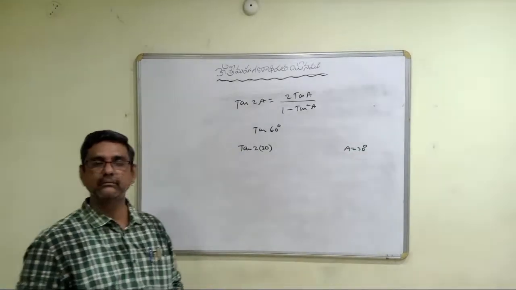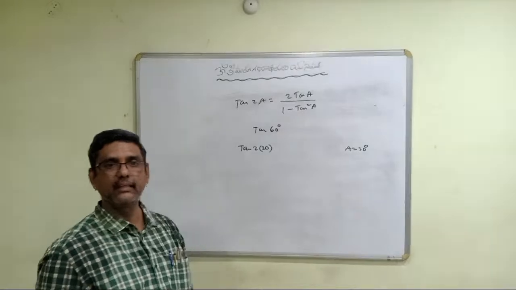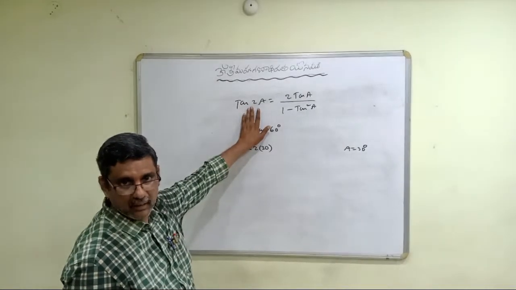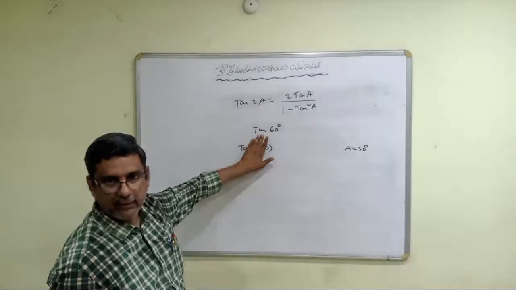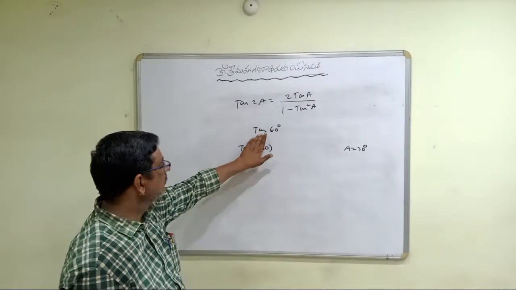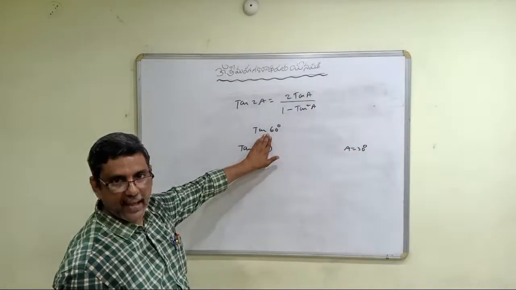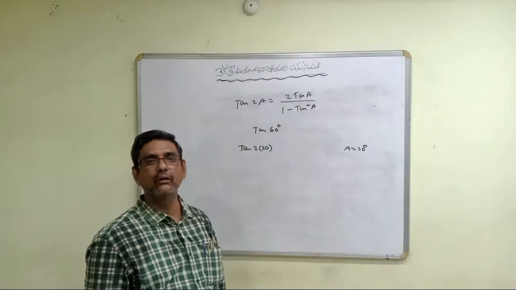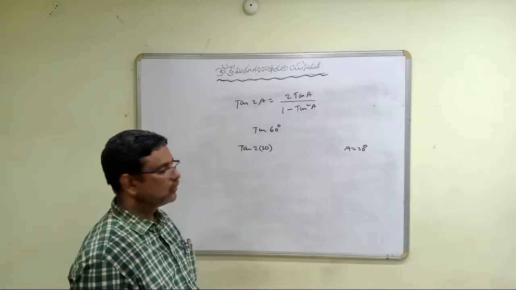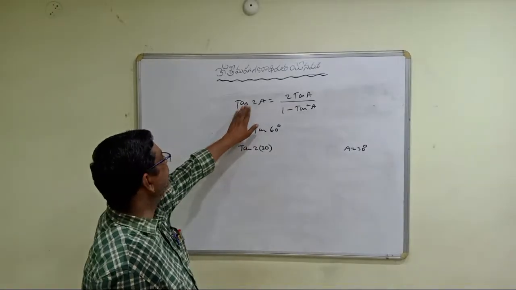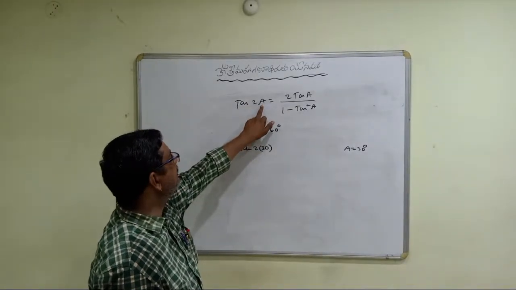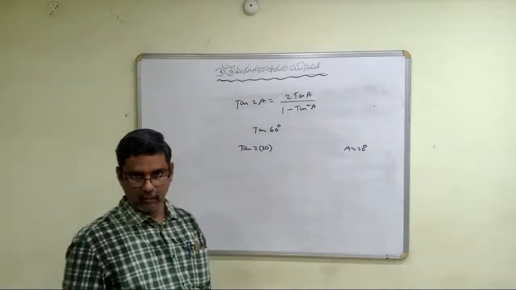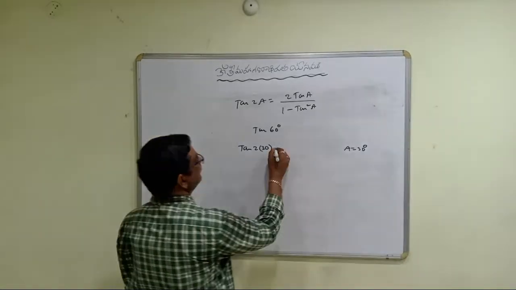Let's see the problem again. By using this formula we need to find this value, and I am writing it as tan 2 into 30, which is in the form of tan 2A, and in place of A, we substitute 30.